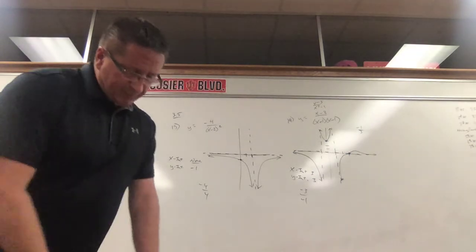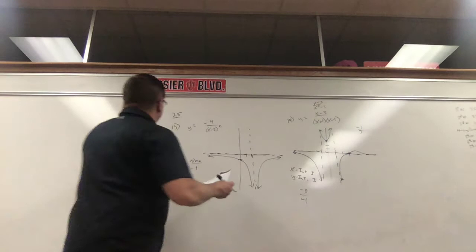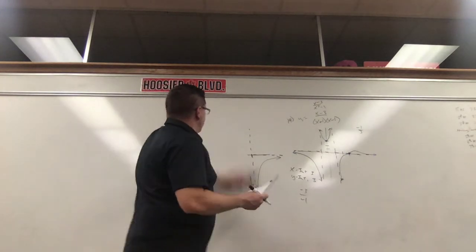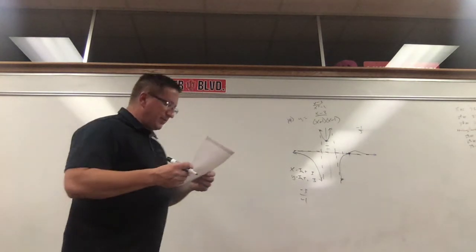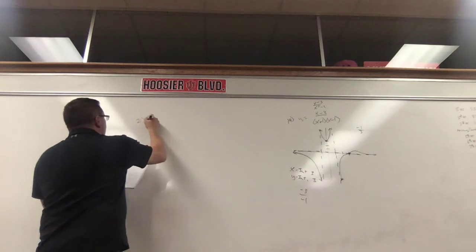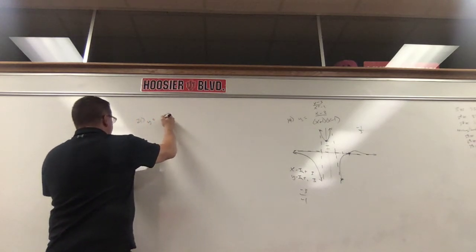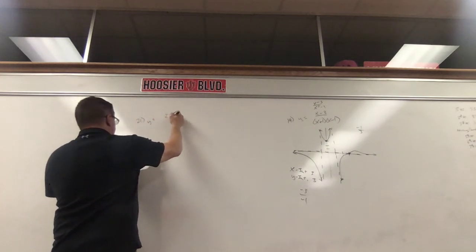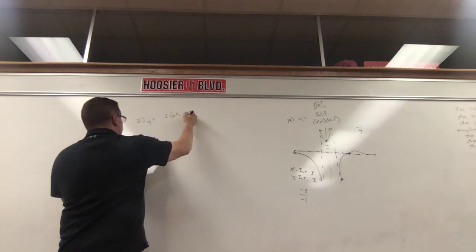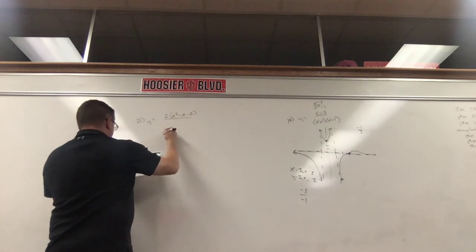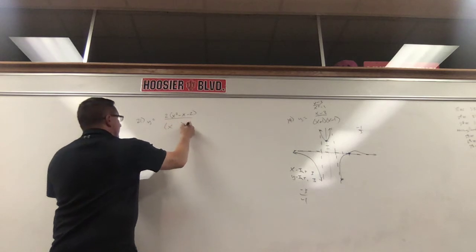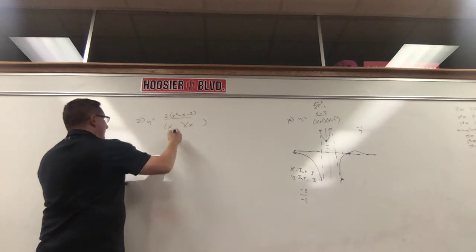Okay? Let's try a few more. 21. All right, what's number 21 say? We have y equals, I'm going to factor this, take out a 2, 2 times x squared minus x minus 2 over, I can factor this, x squared is x and x. Last term's negative, so plus and minus.